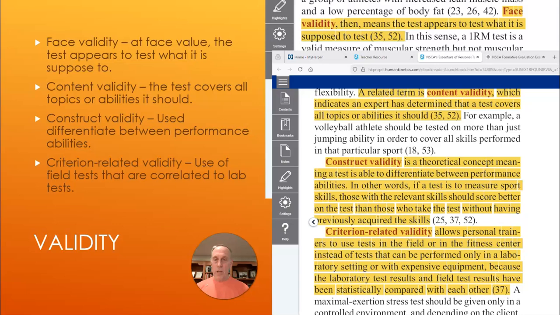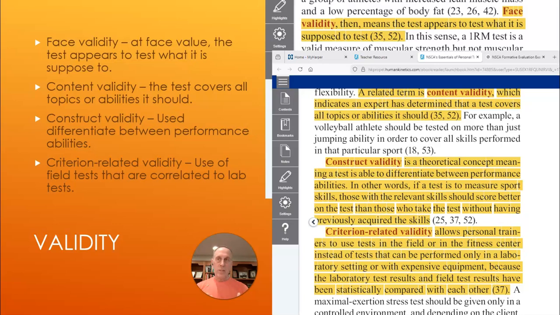With criterion-related validity, we use field tests that are correlated to lab tests. What they're saying here is if you look at a laboratory setting and you do a series of tests to evaluate your client, you can use all that fancy equipment, or you can use field tests that correlate to the tests you would do with the expensive equipment.